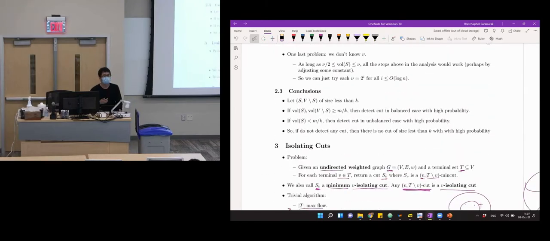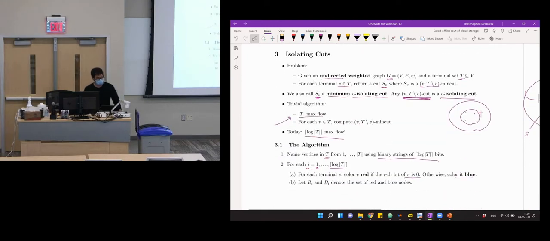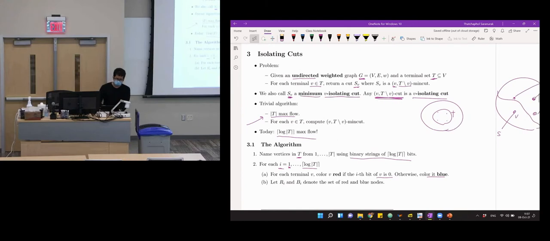In the terminal isolating cuts, if T is not a power of 2, then we are separating it into many blocks, some of which are empty. It doesn't matter whether the size of T is a power of 2 or not.